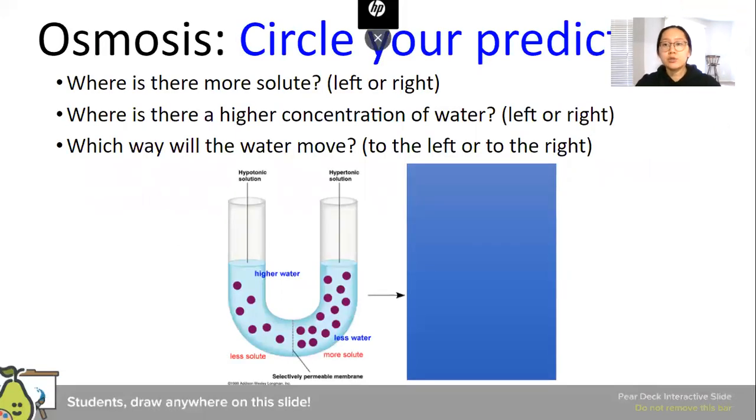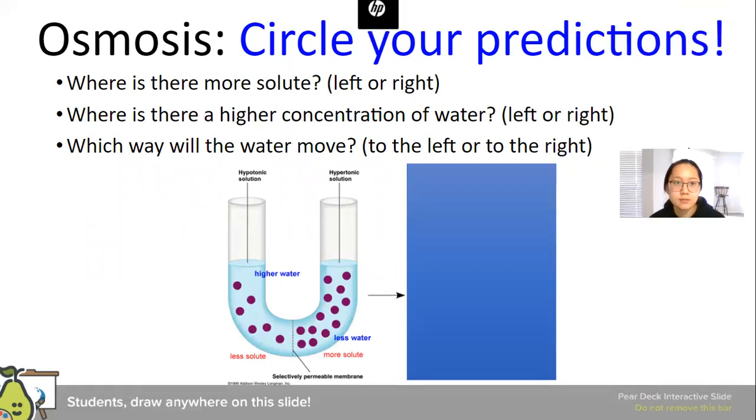So circle your prediction. In osmosis, you're going to think about where there is more solute, which one's concentrated, left or right? Which one has more water, left or right? And therefore, which way is the water going to move, left or right?